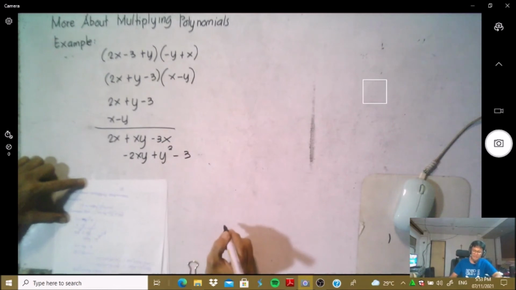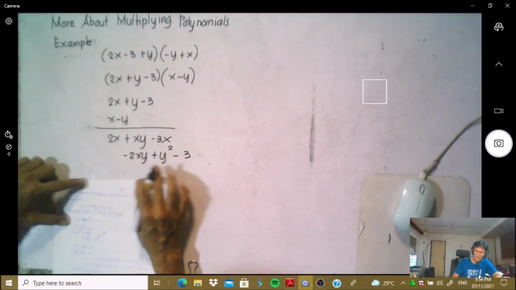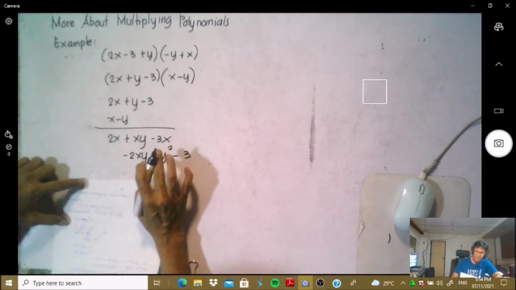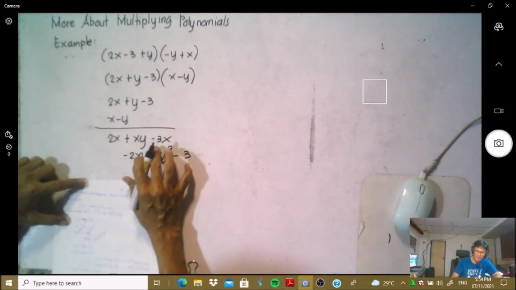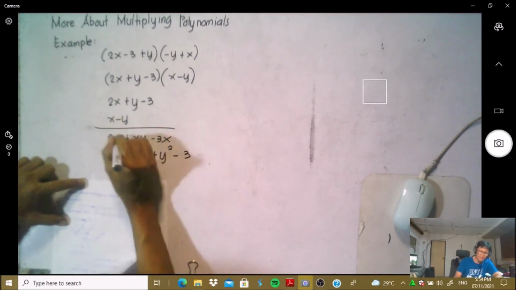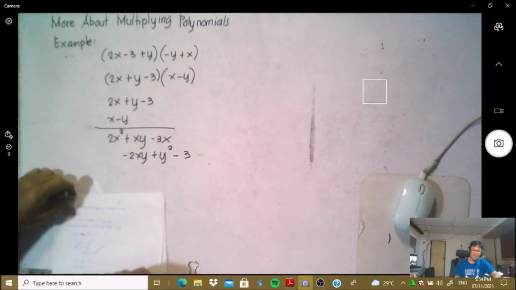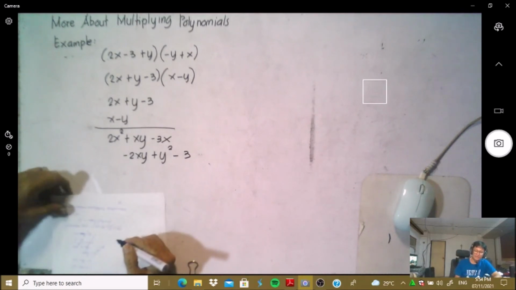Now you will see that we have to arrange this. This should be 2x squared, then plus xy minus 3x.